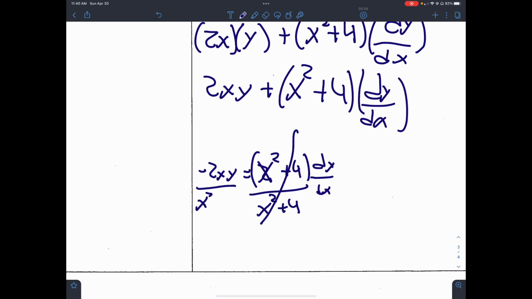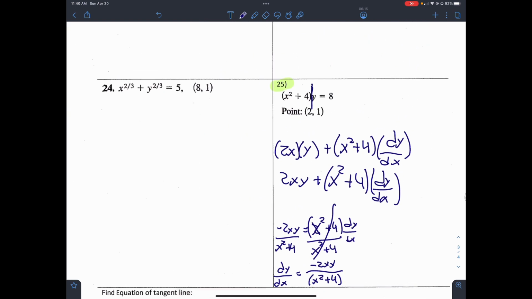So then we know that dy over dx is equal to negative 2xy over x squared plus 4. And then the problem says to solve for dy dx.